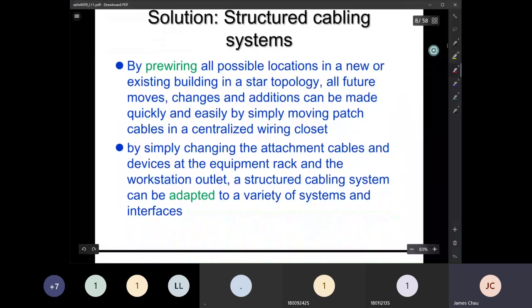Now, actually, during the construction of the building, you are going to prepare where we install the cables. Once the construction of the building is completed, the next stage is for the building services engineer to go into the building to install the cables.